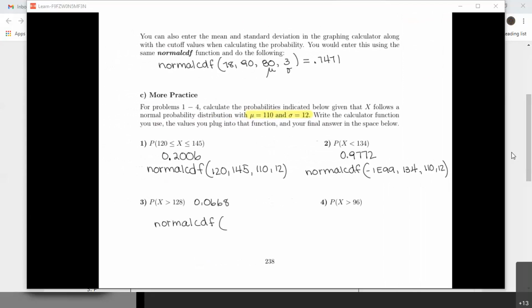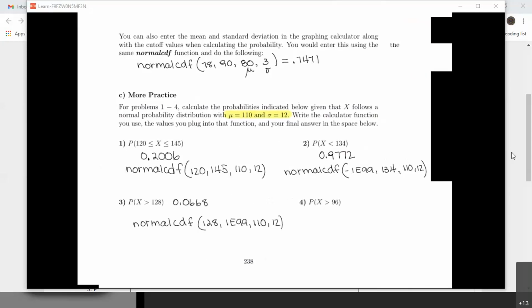Okay, 0.0668 is correct. And again, you would do this by saying your lower value would be 128. Your upper value is the faked positive infinity, and your mean and standard deviation.